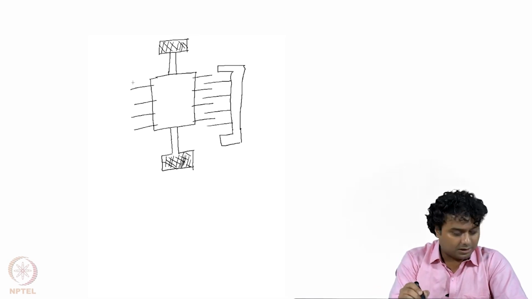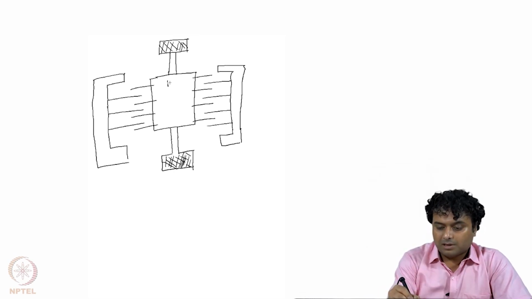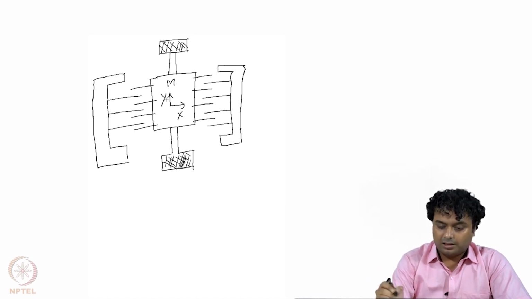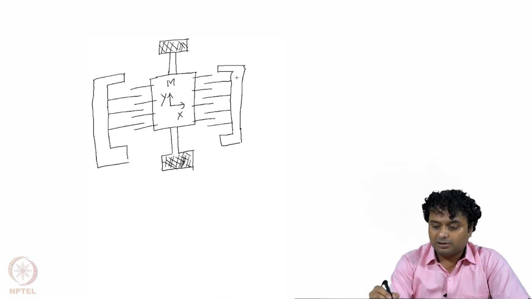So similar kind of structure is present on the other side also. So this mass M can move in x and y both the direction, and the voltage is applied between the static combs and the moving combs.